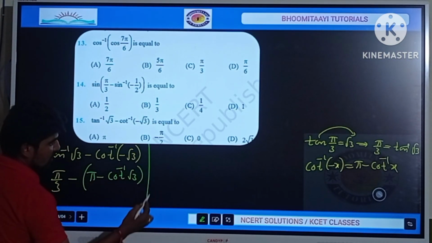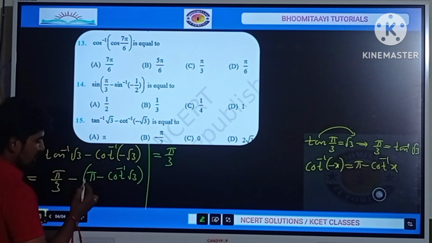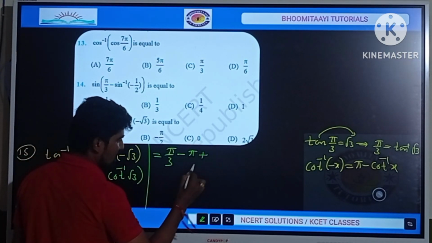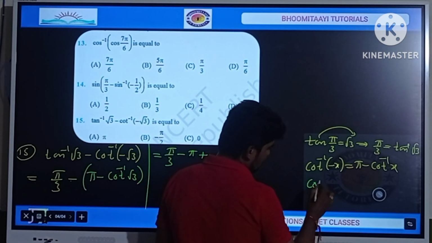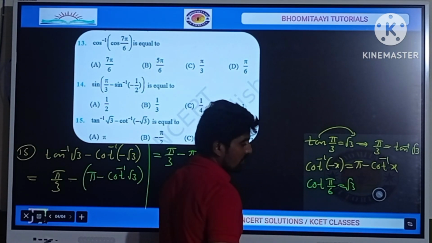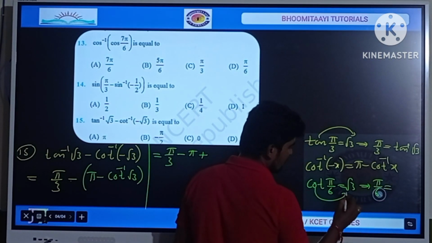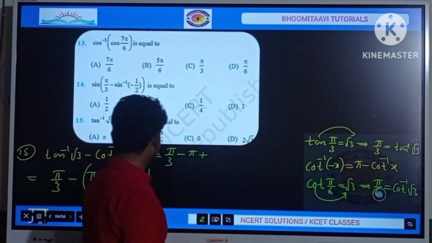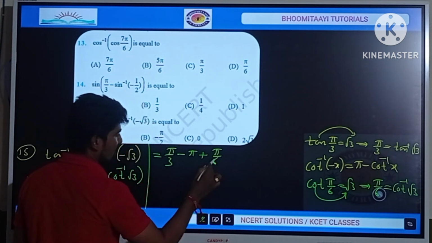So now which is equal to pi by 3 as it is, minus into plus pi minus pi, minus into minus plus cot inverse root 3. We know that cot pi by 6 is equal to root 3, which implies pi by 6 is equal to cot inverse of root 3. Therefore, the value of cot inverse root 3 is equal to pi by 6.